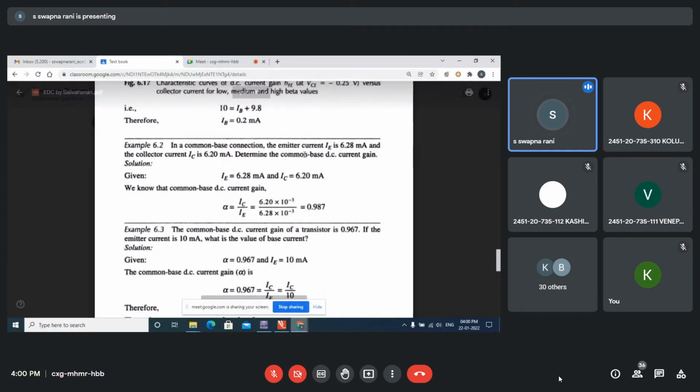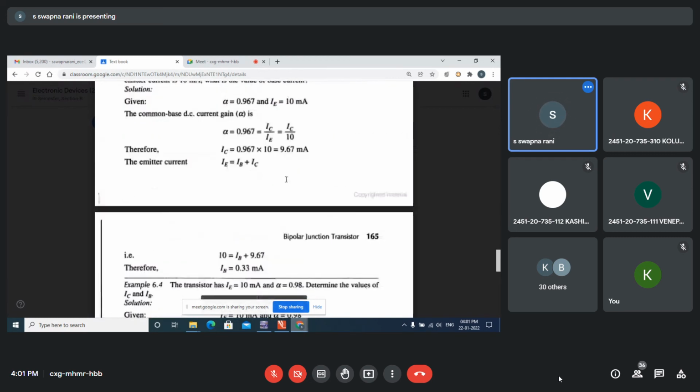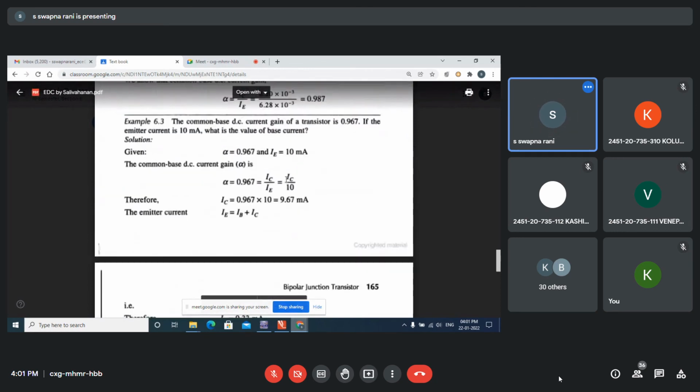Sometimes you may be asked to find the current gain of common base. Alpha is the current gain of common base, and beta is the current gain of common emitter. We may be asked to find alpha, beta, and gamma. This kind of problem you get in the exam for 2 to 3 marks.